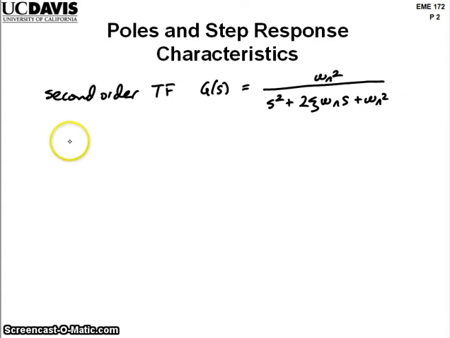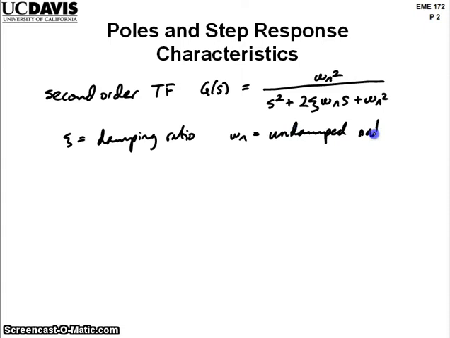Zeta is the damping ratio, and omega n is the undamped natural frequency. And I defined something called the damped natural frequency, which is omega d equals omega n times the square root of 1 minus zeta squared.